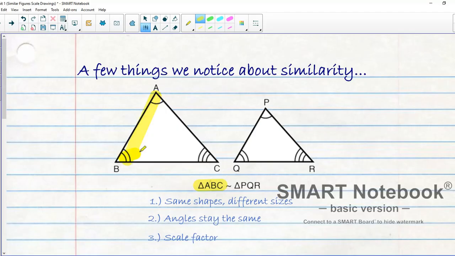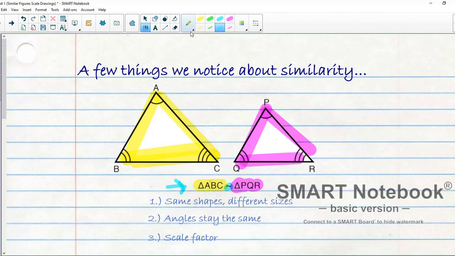And on the right side, we have triangle PQR. Now, do you remember what this symbol means in the middle, the squiggly line? What does this symbol mean? Yeah, similar, right? So this is how mathematicians speak to each other about similarity. Okay, so these two are similar, so what do we notice about them?